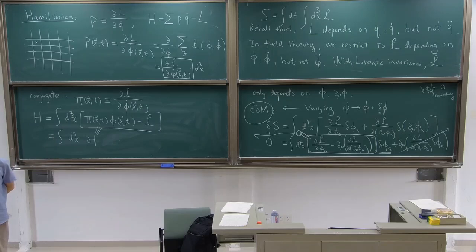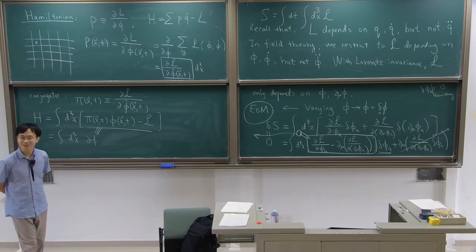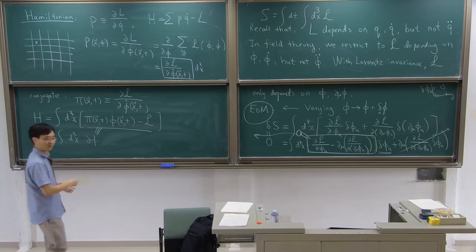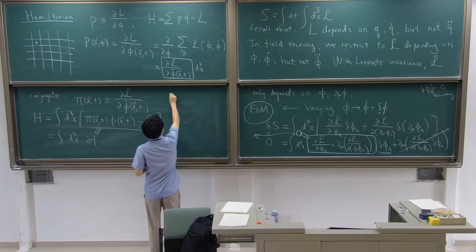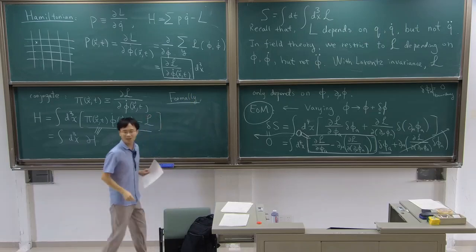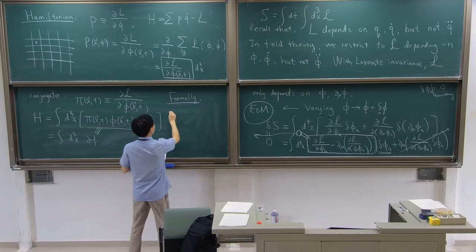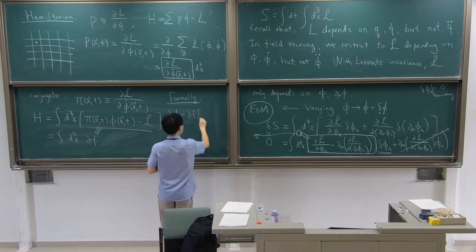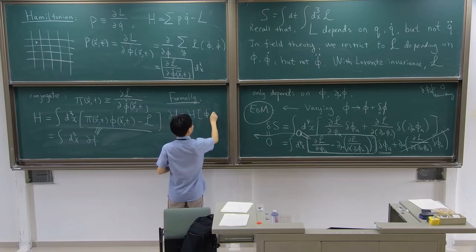What is the systematic way to understand this dependence, for either the Lagrangian or the Hamiltonian? Let me clarify a little bit in order to avoid the confusion. Formally, we should always treat the Hamiltonian as a function of phi and pi.